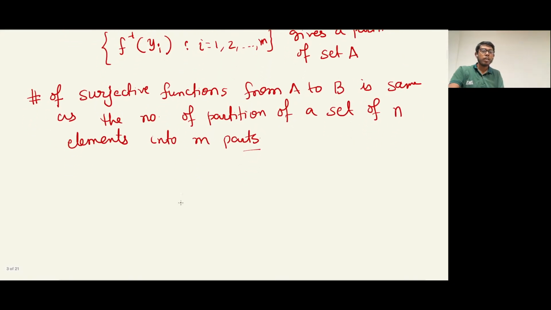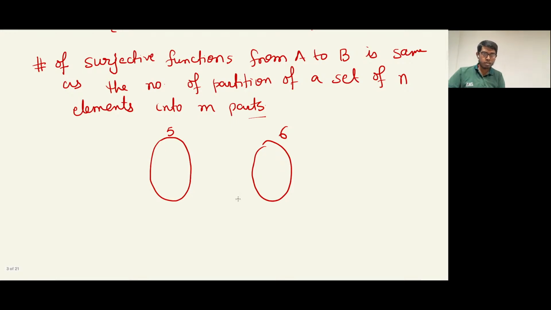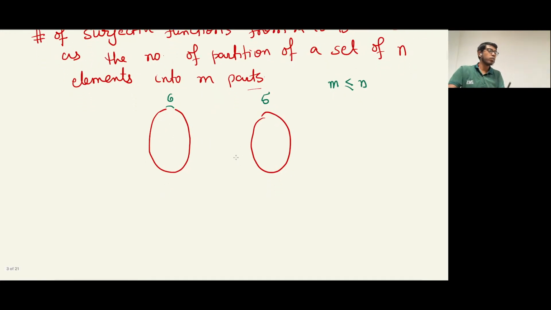For example, if I have 5 elements and 6 elements, going from 5 to 6 a surjection won't exist, because for it to be surjective, m has to be less than or equal to n. So let's switch: this is my 6 and this is my 5. I have to partition these 6 things into 5 parts.